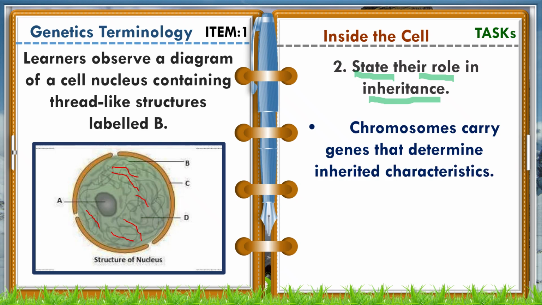The chromosomes carry genes that determine inherited characteristics. So these thread-like structures in the nucleus, which we are calling the chromosomes, carry genes, and these genes are the ones that determine the inherited characteristics.